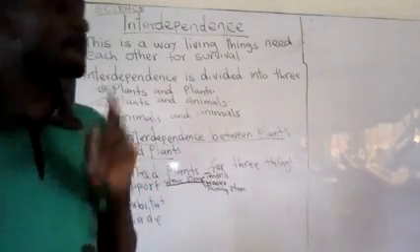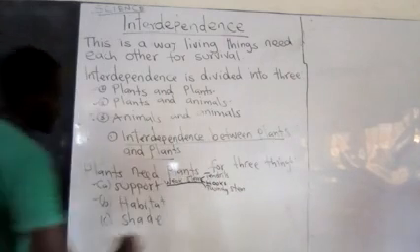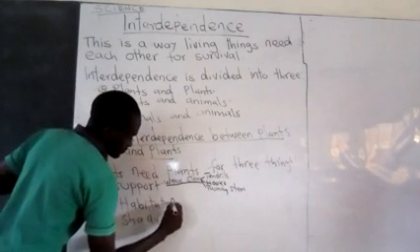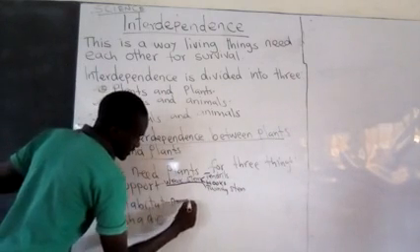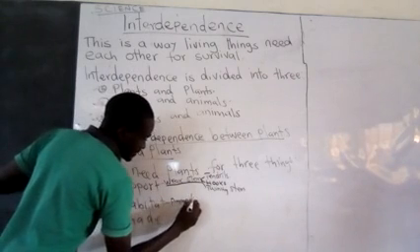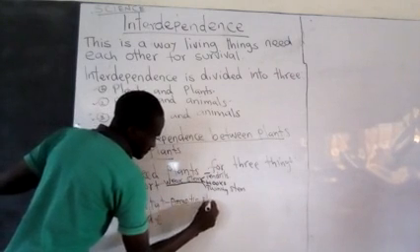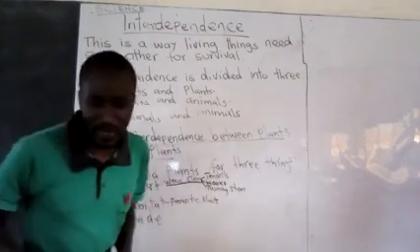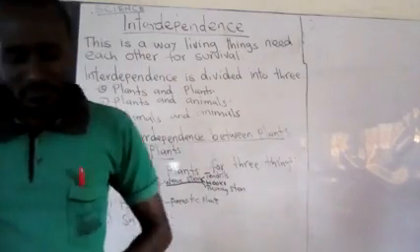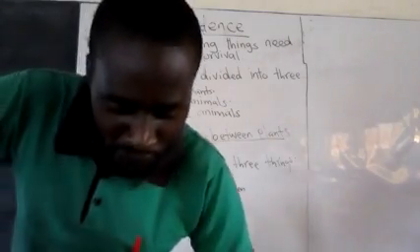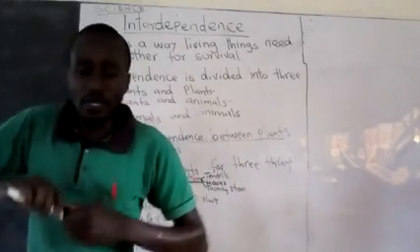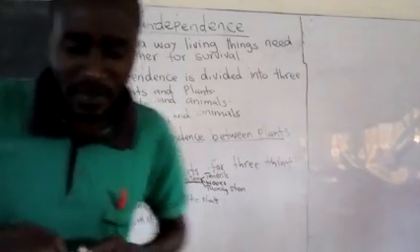They are called parasitic plants. These are plants that live and acquire food on other plants. We call them parasitic plants.